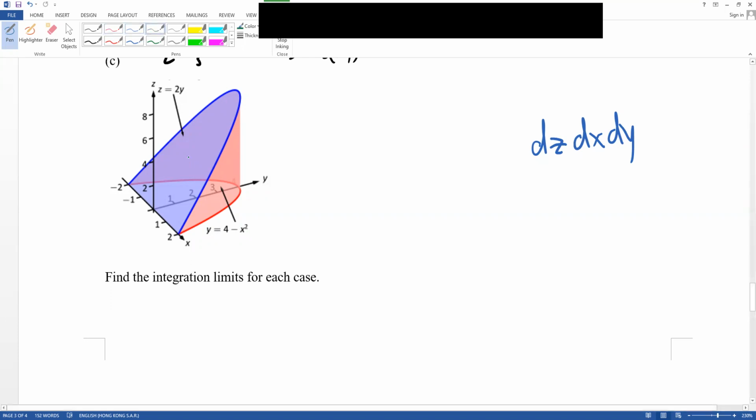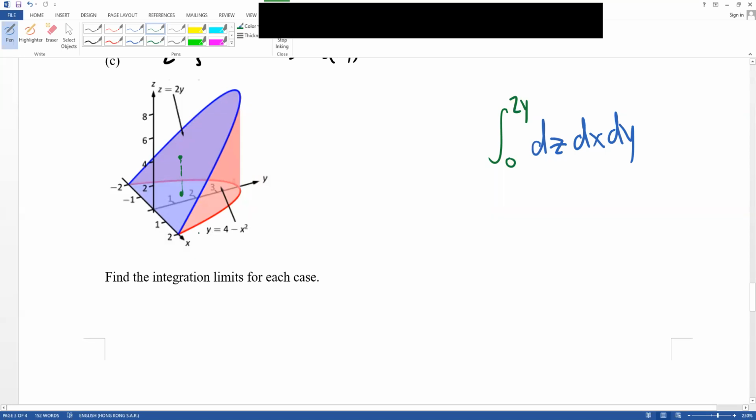So that means first I'm going to consider a line, a vertical line, right? So the bottom z position, of course, is 0, and then up there is 2y.